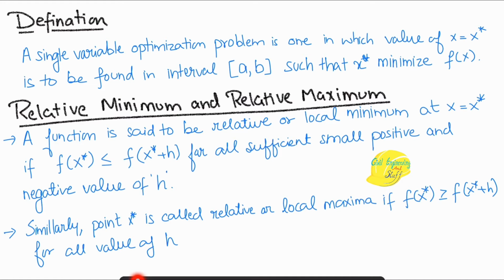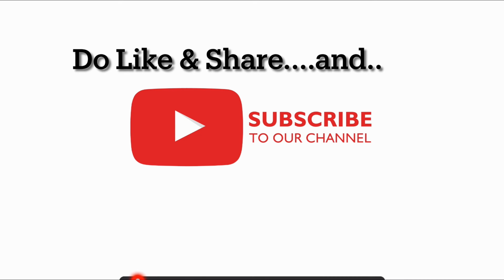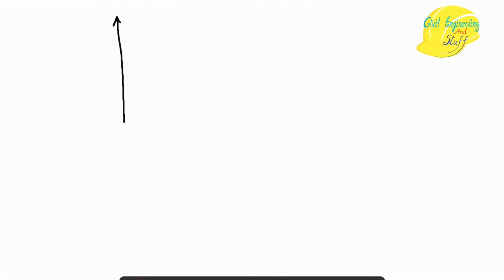Now this maximum point and minimum point can be defined either as a relative minimum and relative maximum point, or a global minimum and global maximum point. Let us first understand what these terms mean: relative minimum, relative maximum, global minimum and global maximum point.